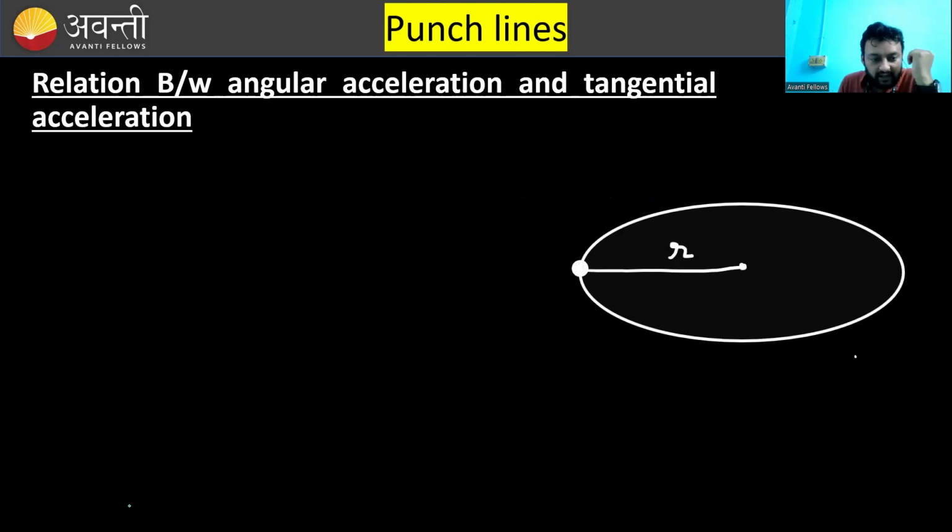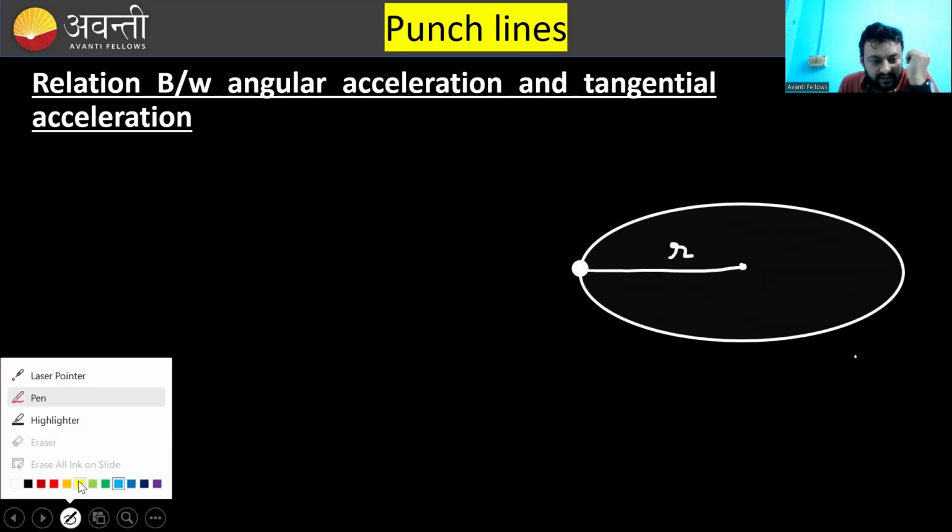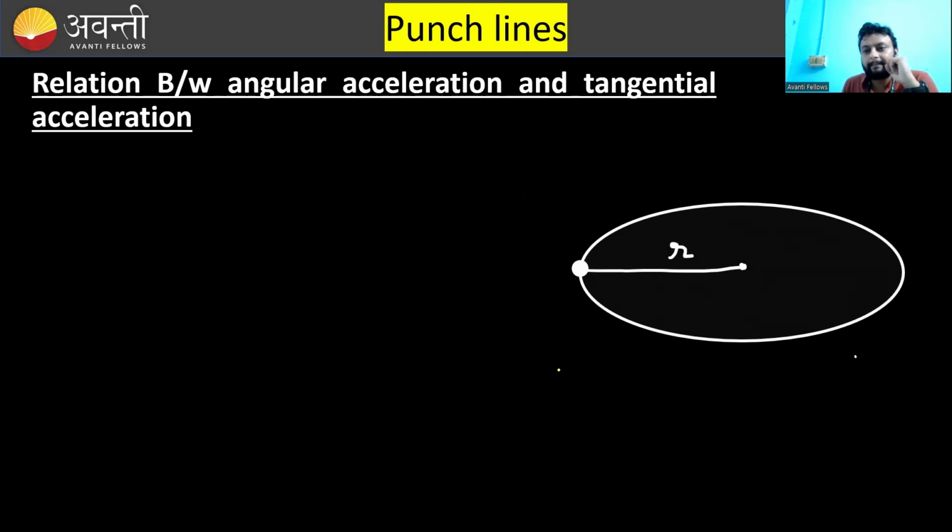Suppose a particle is moving in a circular path of radius r, with some angular velocity omega. Do you know that it has some tangential acceleration? This tangential acceleration is denoted by a, or someone may represent it as a tangential, T for tangential.